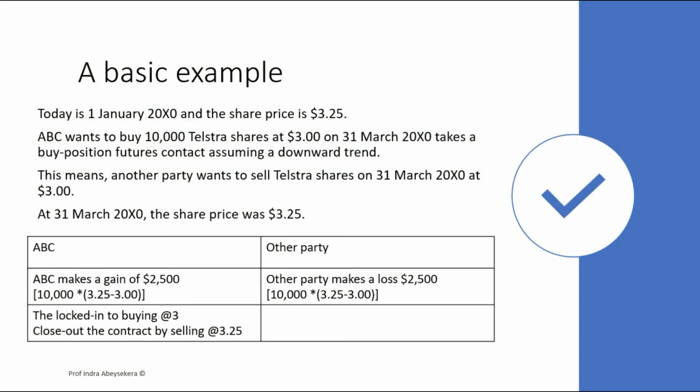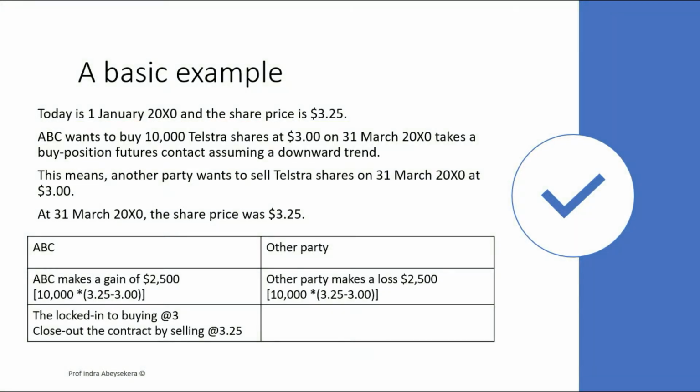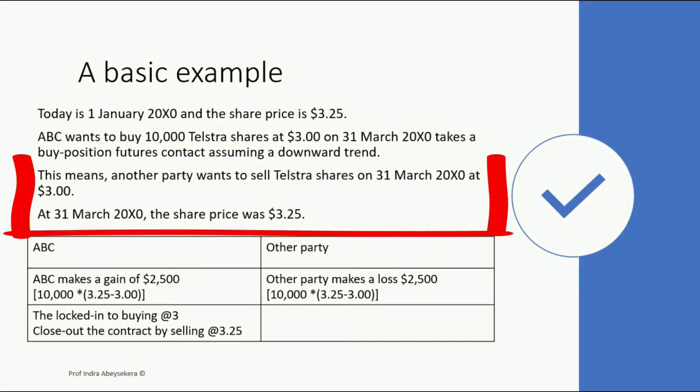Let's say today is 1st of Jan. Share price is $3.25. And ABC wants to buy 10,000 Tesla shares at $3 on 31st March in 3 months' time, and takes a buy position of futures contract assuming a downward trend.